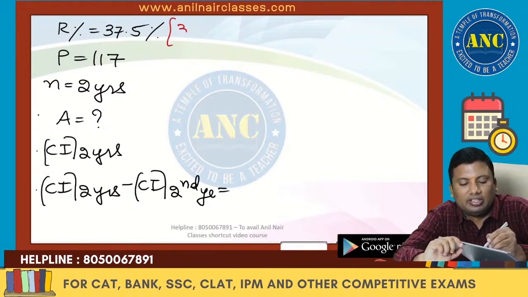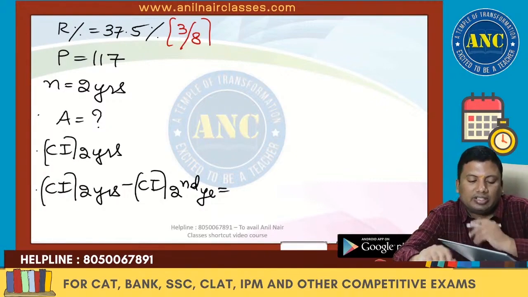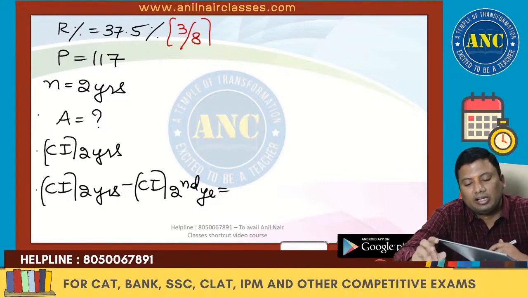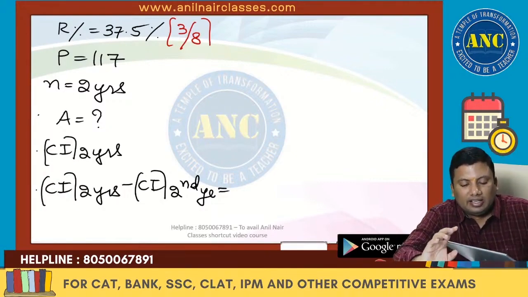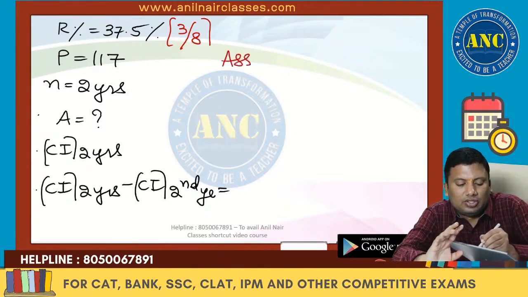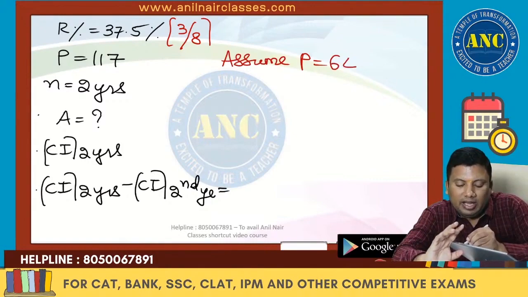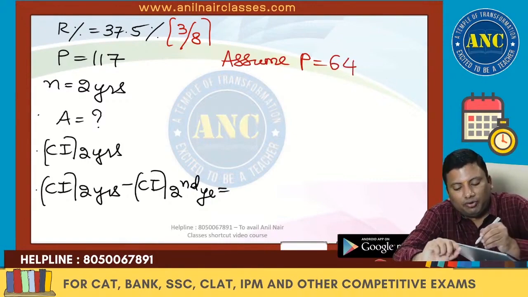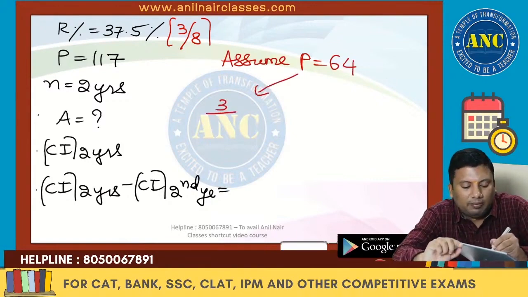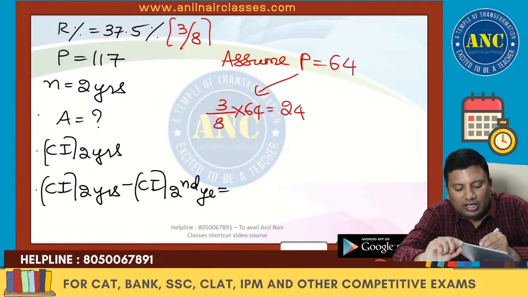37.5 percentage is 3 by 8. 117 is not a multiple of 8 square. So what you will do is assume principal equivalent to denominator power k. 8 square is 64. First year it is nothing but 3 by 8 of 64, which is 24.